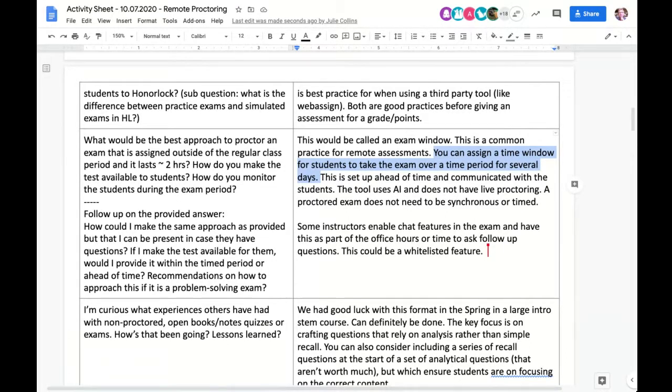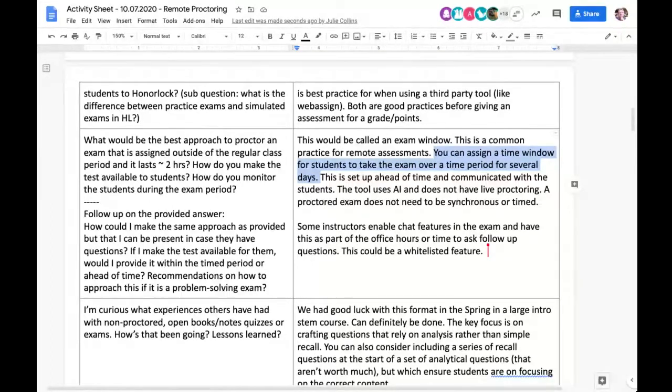Back in our face-to-face days, and for those of you who are still doing face-to-face, they are all there in your classroom in the same situation, same setting, so we have a little bit more control about the distractions that are occurring. But if this is happening at their own home, we don't know what's happening. So these larger exam windows are a little bit more equitable for students from various backgrounds.